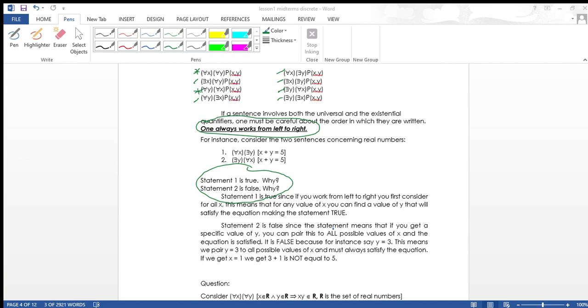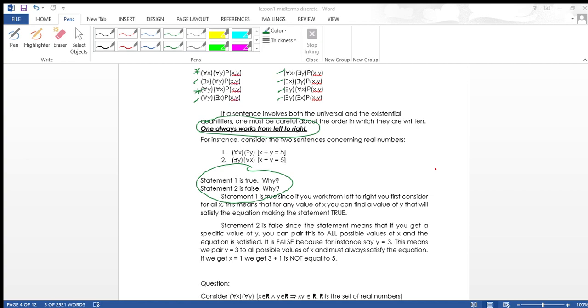And that will be impossible. Well, it's true that if x is equal to 2, 3 plus 2 is equal to 5. But that is not satisfying the statement that should now be true for all possible values of x.